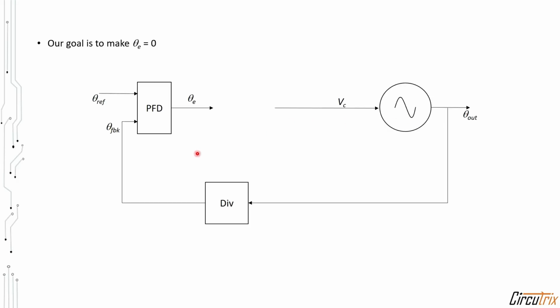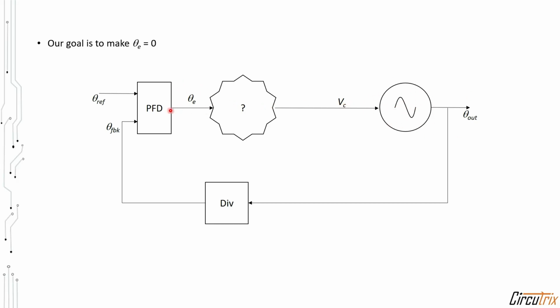Okay, so now we have the phase frequency detector, which compares the VCO frequency and phase with the reference frequency and phase. Our ultimate goal is to make this error zero. So we need to introduce a circuit over here which gives a constant voltage for zero input, an increasing voltage for positive error, and a decreasing voltage for negative error. What I mean is, when I have a positive error, I need to pump up this voltage in order to increase the frequency and phase of the VCO.